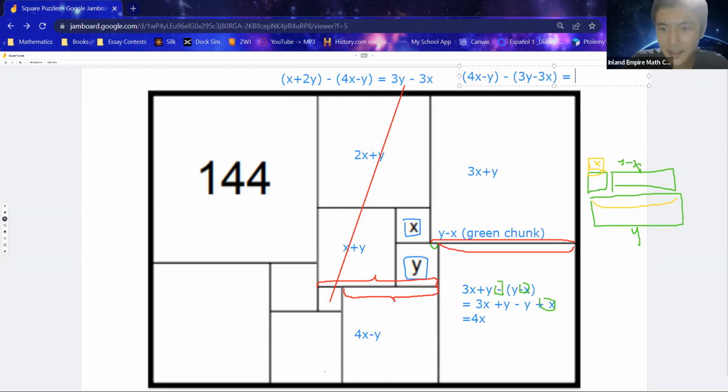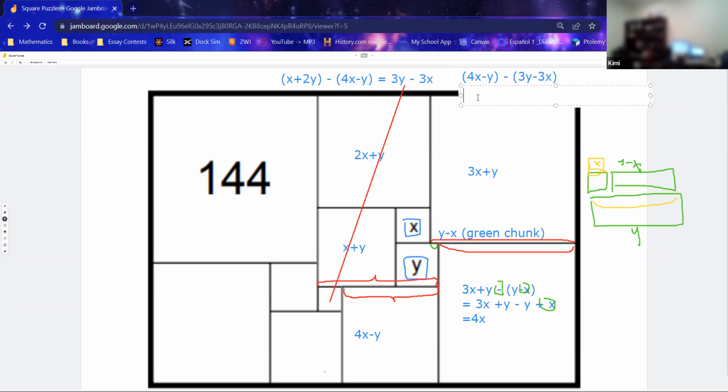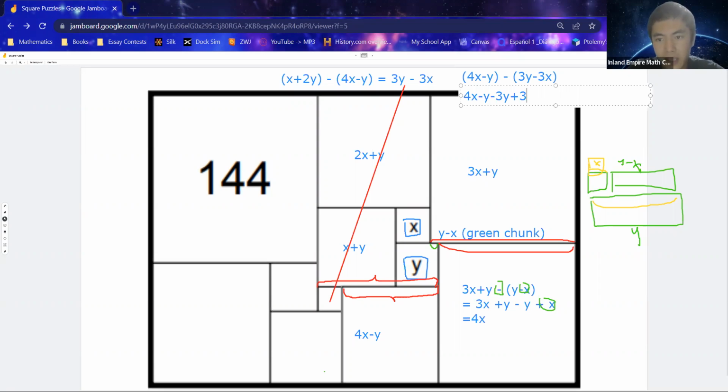All right, wait, then let me explain it to you. So, I'm gonna type it like this. So we're starting with 4x minus y minus 3y minus 3x in parentheses, right? Yeah. So if you get rid of the parentheses, the minus 3y would still be minus 3y, but like Eric explained earlier, you would now have plus 3x instead of minus 3x, right? Mm-hmm. Because you're minusing a negative number, which is basically like negative gives a positive.